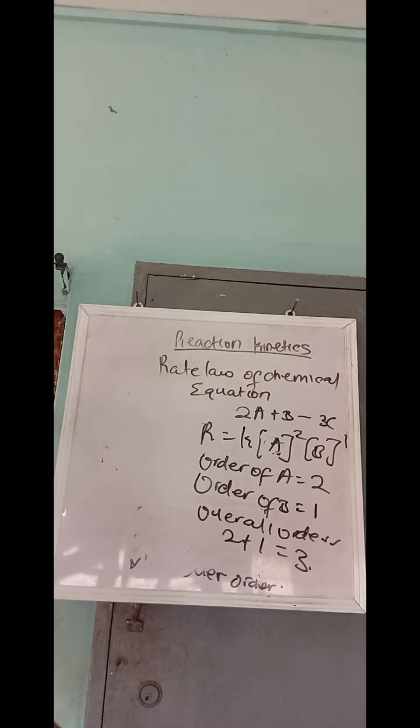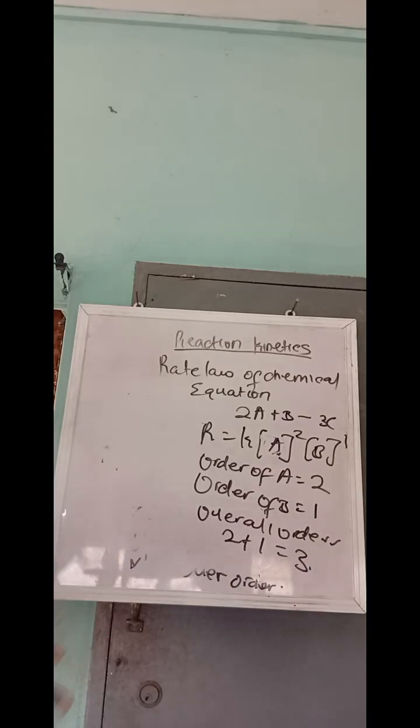Now, what are the conditions for writing the rate law? We have some differences between order and molecularity. Order can only be experimentally determined or gotten from an elementary reaction. Take note: order can only be experimentally determined or gotten from an elementary reaction. You cannot just get order like that.